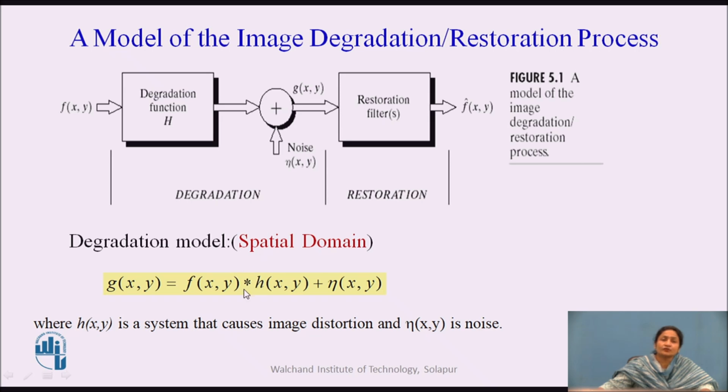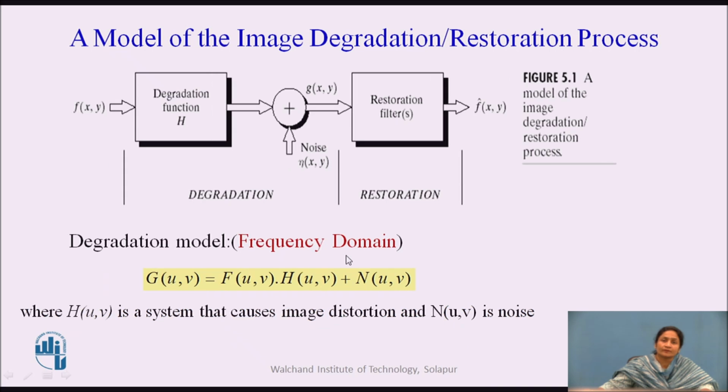As we know, convolution in the spatial domain is represented as multiplication in the frequency domain. So in the frequency domain, the degradation model is given by G of u comma v equals F of u comma v times H of u comma v plus N of u comma v, where G of u comma v gives the degraded model of the original image along with the combination of the degradation function and the noise function.